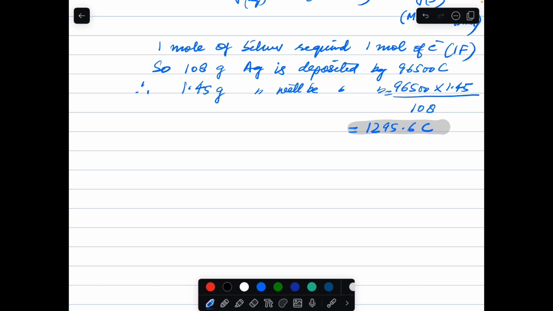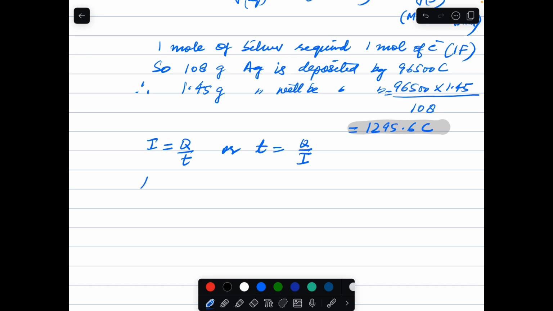We know that charge is related to the current and the time taken. So time taken will be equal to Q over I, that is charge divided by electric current.